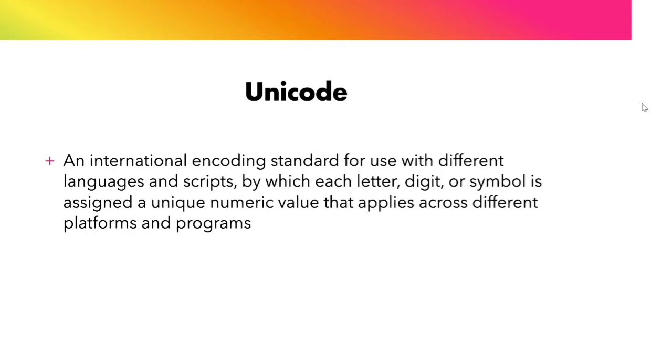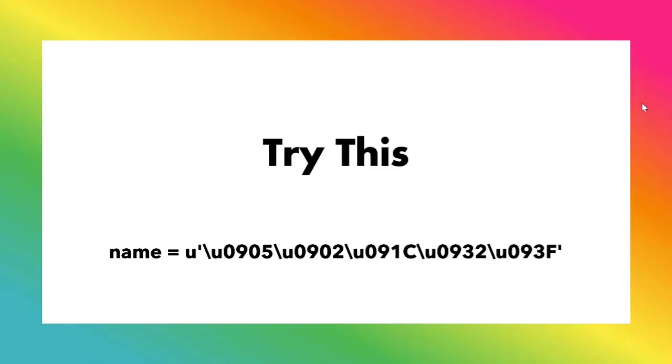So in any programming language or on any platform, if you code those particular Unicodes, you will get in return the specific characters which these Unicodes are for. That is why, when I used this particular string, this stands for the letter a, the first letter of my name, in Hindi.